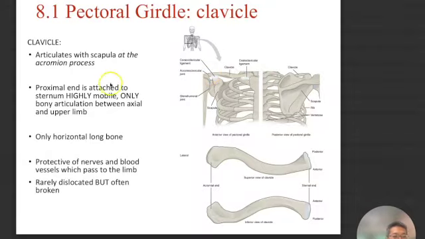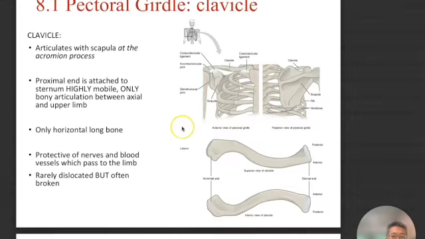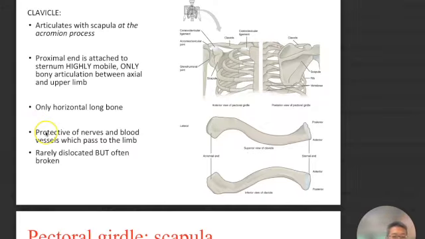The proximal end is attached to the sternum. Highly mobile, the only bone articulating with the axial skeleton. So this part is articulated with the sternum. It's the only horizontal long bone, protecting nerves and blood vessels which pass through the limb. Rarely dislocates, but often fractures.